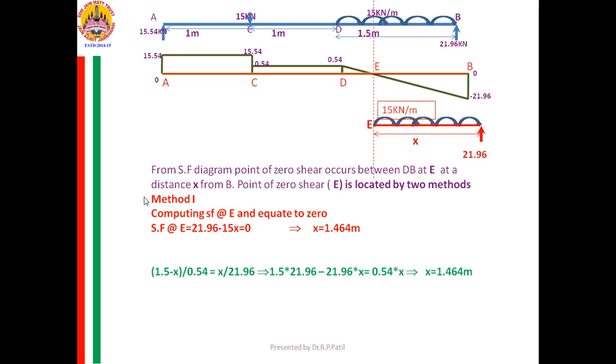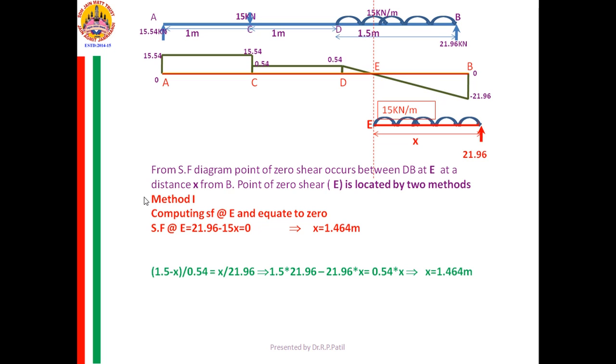Why you have equated it to 0? Because you know the point E where the SF is 0. So procedure you got it or not? You are calculating the SF there and making it equal to 0. x equal to 1.464 meter. What it told is, at a distance of 1.464 meter, SF is equal to 0.